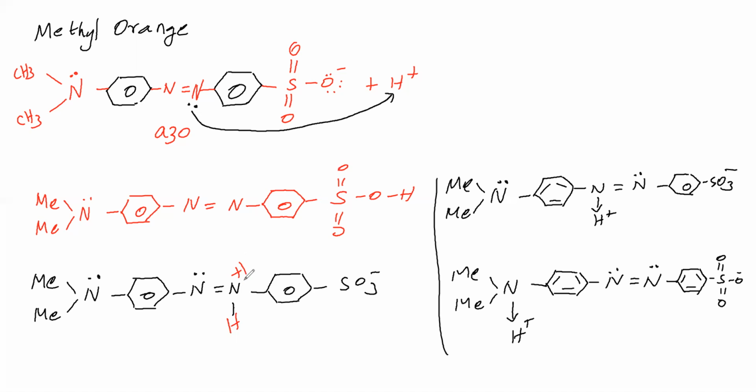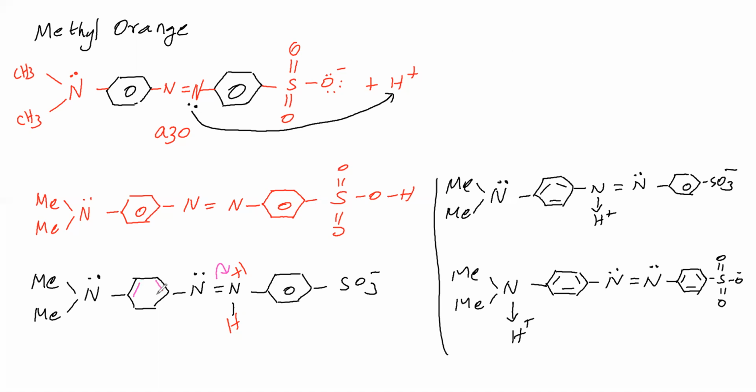This positive charge, will it be stabilized or not? That we'll see. Whether this positive charge is stabilized or not, that point we'll see. Now what is happening is that this pi bond is shifting to this end. Pi bond is shifting in the sense that here resonance is possible.